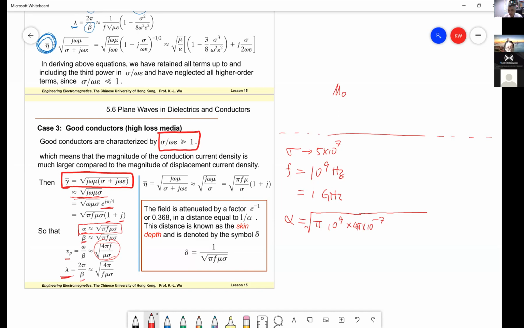Then we have mu, we have sigma. Can you tell me what this is? Can anybody tell me what this is? Then people define one thing, but let's finish this calculation first.